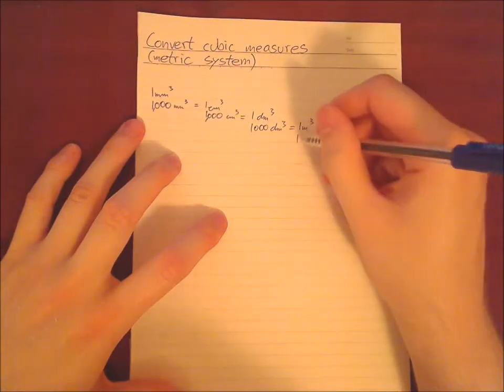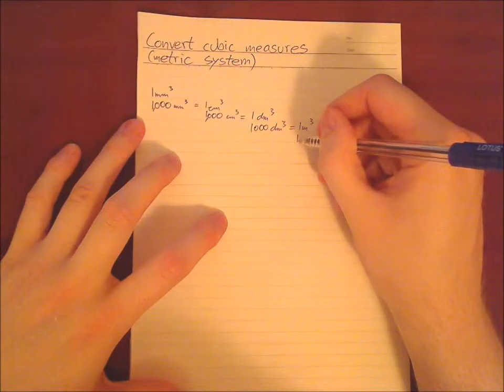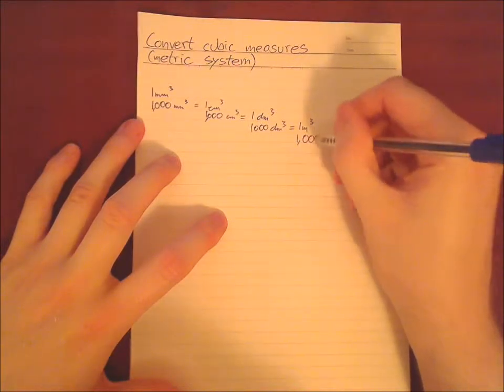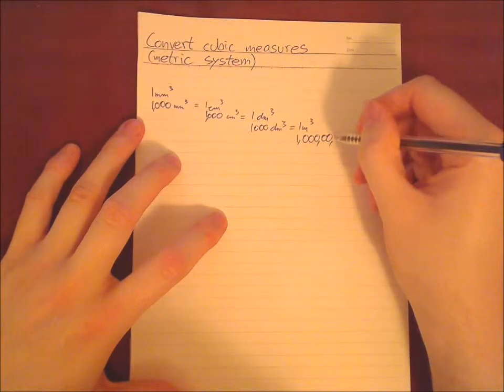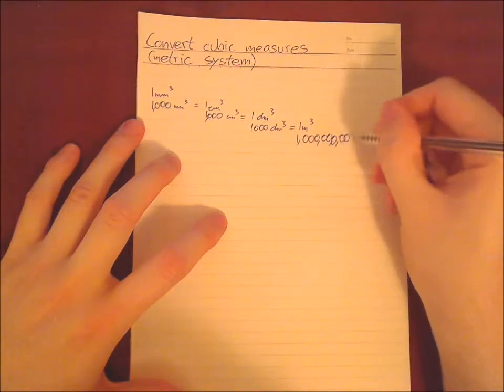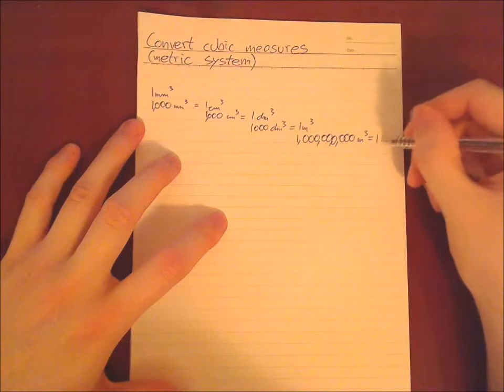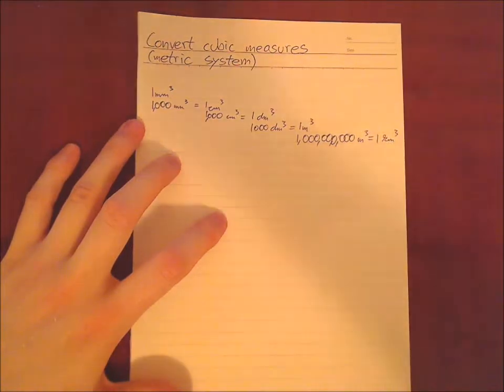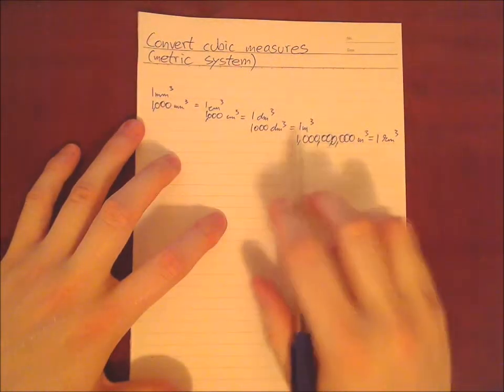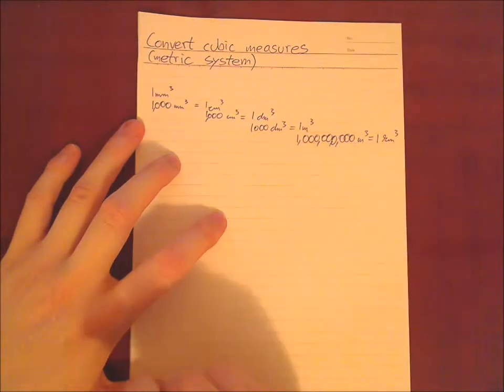So we have 1,000,000,000 cubic meters equal 1 cubic kilometer.